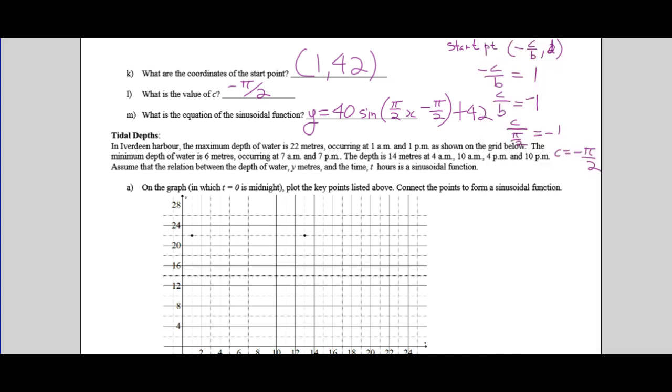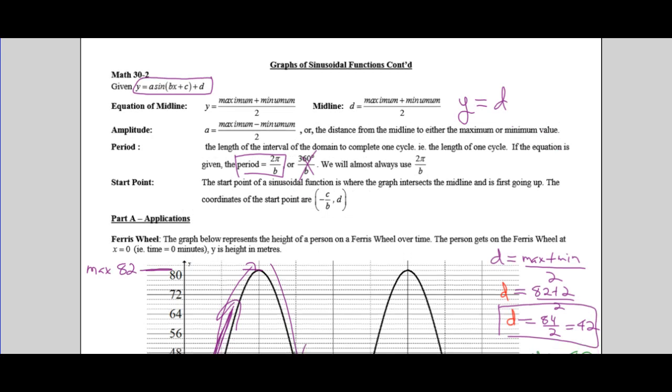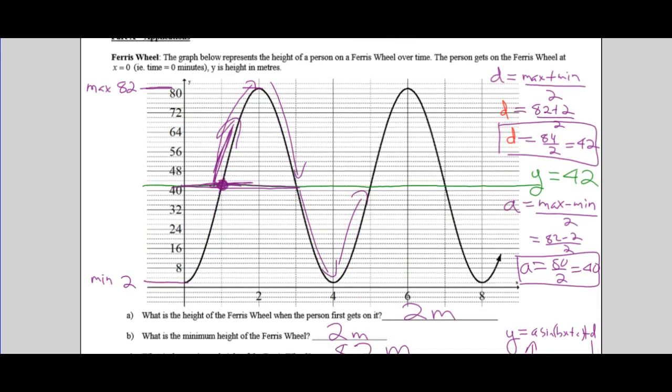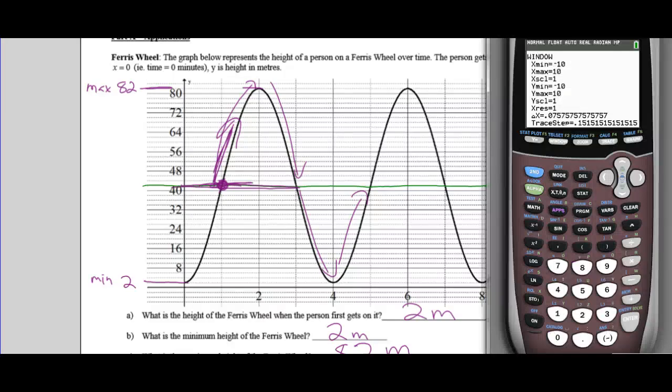Let's set the window so it matches this graph, right? So we're going to go from, let's say, negative 1 to 9. So that'll be our x values, right? Negative 1, positive 9. We'll go by ones. Our y min, let's go from, what do we got, 2, 4, 6, say negative 8 to 84.